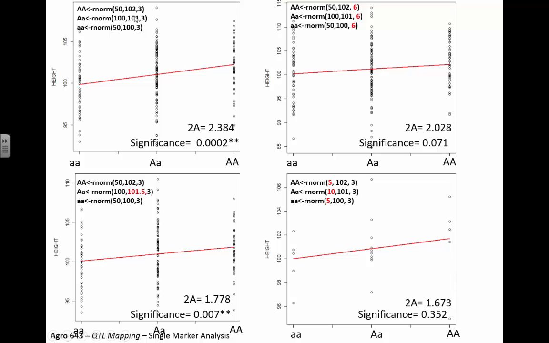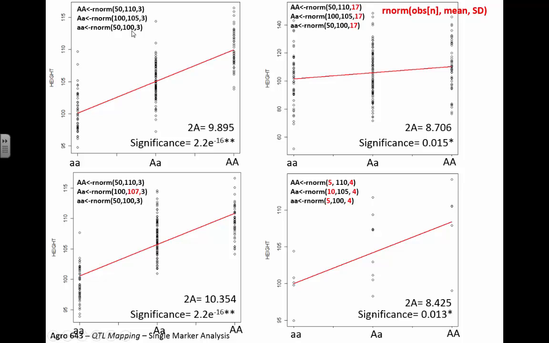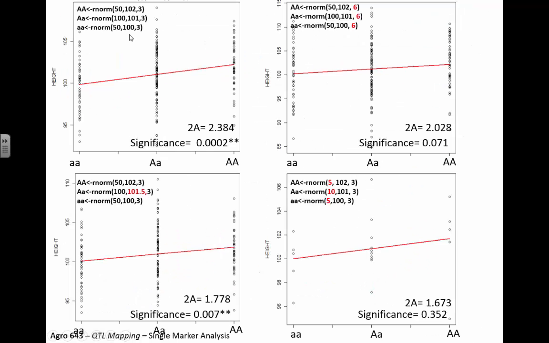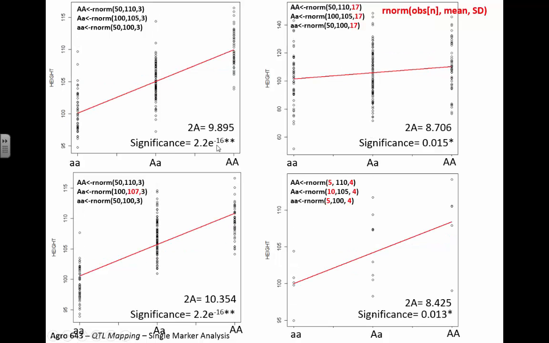And so if we make our effect size smaller, so here we go from 100 to 110, 100 to 110, 100 to 110, and here we go from 100 to 102, the difference in our effect is lower. We estimate that well, but look at the significance. Significance here is 0.002. Significance here is e to the minus 16.